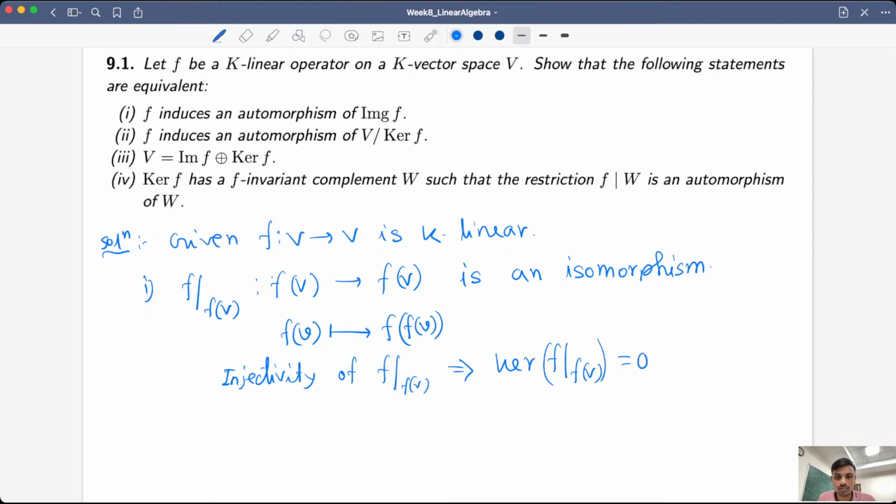We have used this many times: the kernel of the restriction is nothing but the kernel of the original f intersected with f of V. So that is 0. That means kernel f intersection image f is 0, right? I wrote it as two things, but you can think of it as just image f.